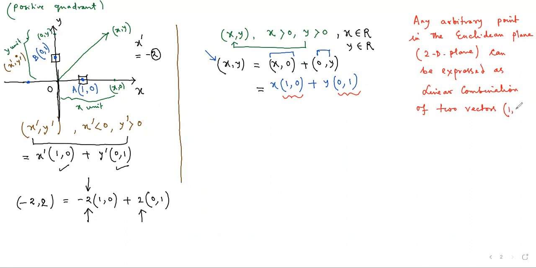One is 1, 0 lying on the x-axis, and another is 0, 1 lying on the y-axis. This is our observation number 1.